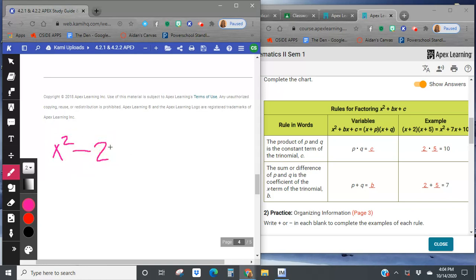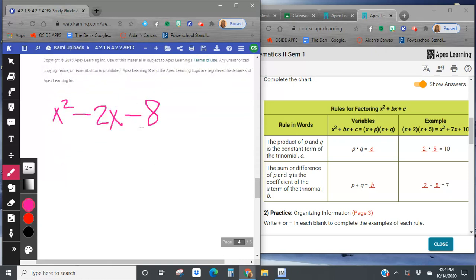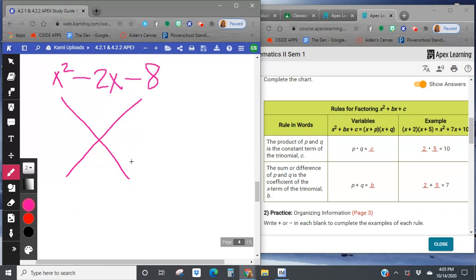So let's say we have x squared minus 2x minus 8. Again, we're supposed to think what times what equals this and adds or subtracts to this. We do this thing called the diamond, the magic X. Different teachers call it different things. Invisible 1 times -8, also known as a times c, goes in the top of this little tool.